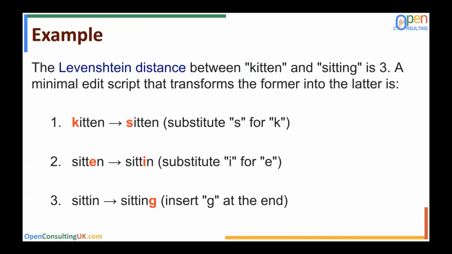So the remaining character required to get sitting is g, which will be inserted in the third operation. Means the Levenshtein distance between kitten and sitting is 3, which means in 3 different operations, we'll be able to transform kitten to sitting.